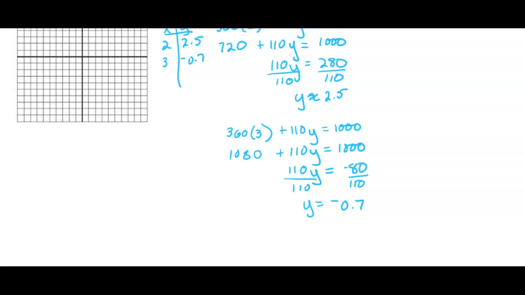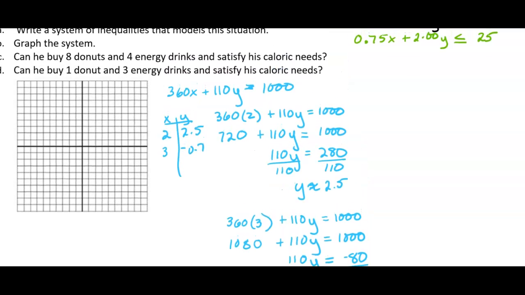Okay, so when I want to graph this, I only have two ordered pairs, but we'll just go with that. So I have 2 and 2.5, so that point right there. And then I have 3 and negative 0.7, it's about there. And so I can draw this line going through there.